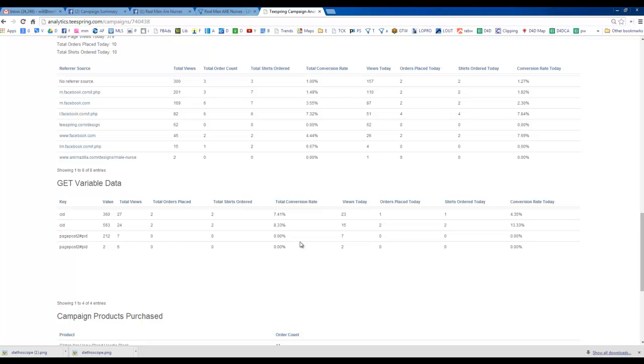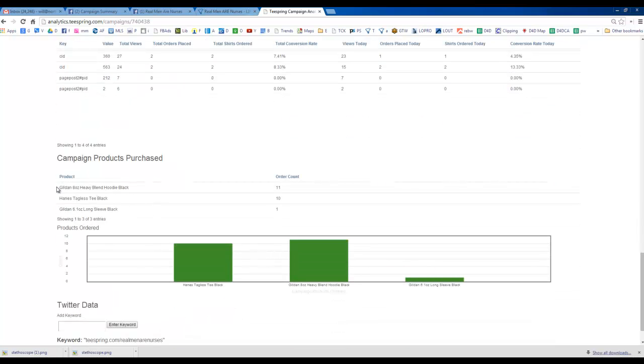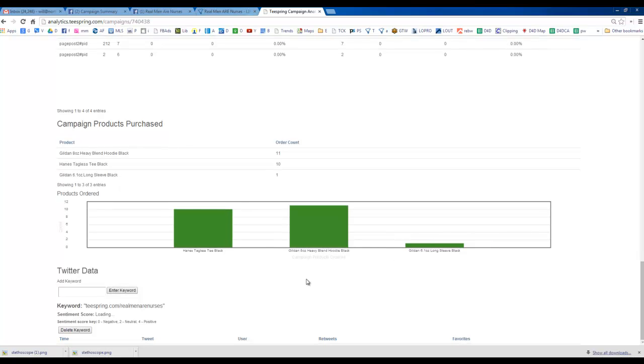And here, I'm really not sure how to interpret that. As far as sales go, it looks like about half of the sales are hoodies, and the other half are the Hanes tagless tee, and 1 sale of the long sleeve. And that's it.